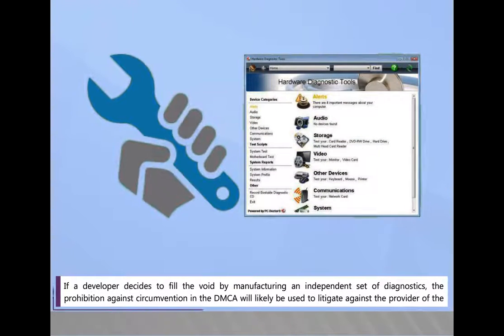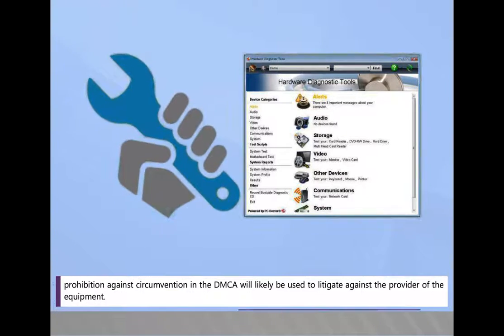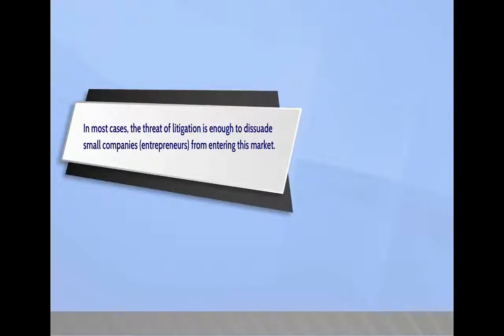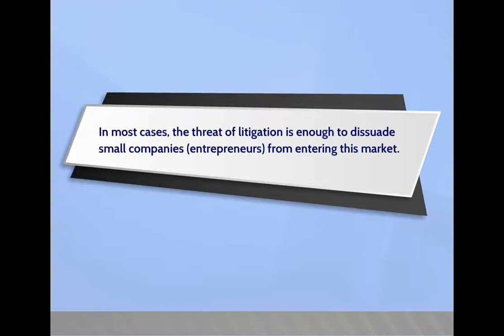If a developer decides to fill the void by manufacturing an independent set of diagnostics, the prohibition against circumvention in the DMCA will likely be used to litigate against the provider of the equipment. In most cases, the threat of litigation is enough to dissuade small companies, that is, entrepreneurs, from entering this market.